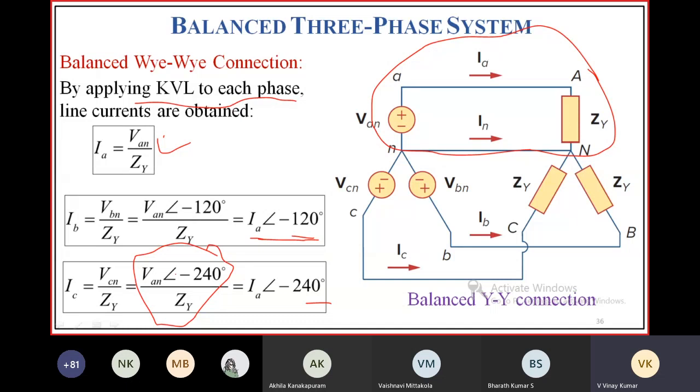This is the phase voltage VCN, which is applied across this load. The current going through it is IC. IC is equal to VCN by Z phi, where VCN is equal to VAN at an angle minus 240 degrees. VAN, VBN and VCN are all equal in magnitude.